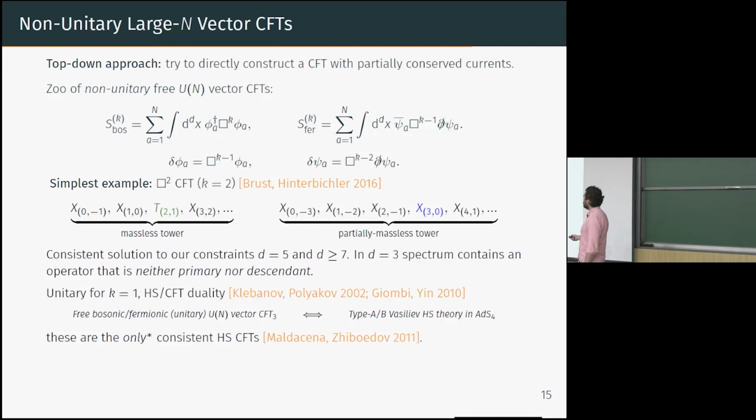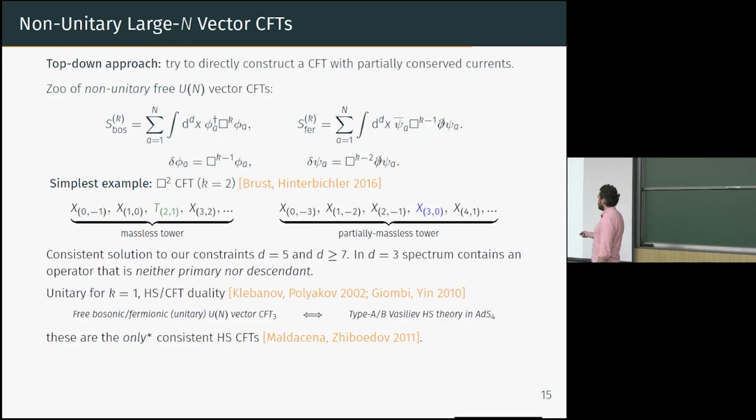Okay, so for k equals 1, which is the usual unitary case, these have been studied. This is the famous duality between the large n limit of these vector models. The claim there is that in anti-de Sitter space, these CFTs are dual to some Vasiliev-like theory in the bulk. There are two unitary theories on the boundary, and these correspond exactly to the two different versions of Vasiliev theory you can have in AdS.